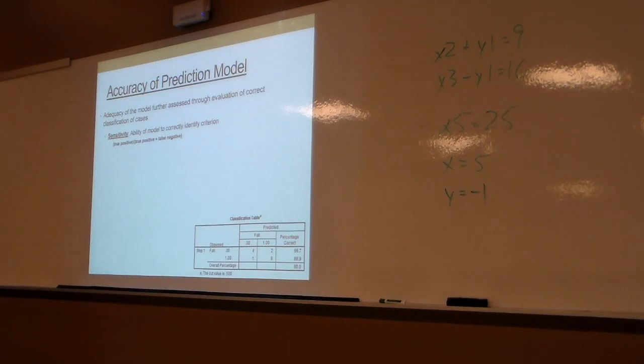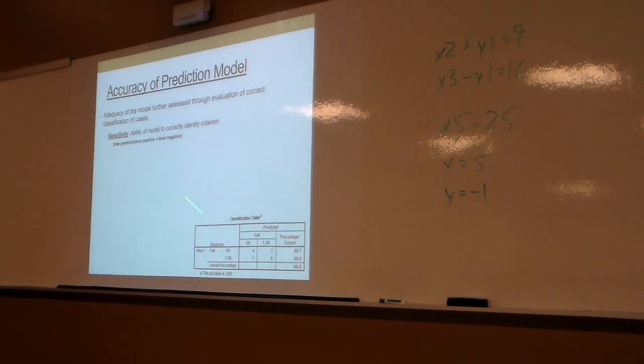sensitivity, okay? Sensitivity is defined as the ability of my model to correctly identify whatever my criterion was. I calculate my sensitivity with my true positive, which is in this cell. That person fell and I predicted they were going to fall. Falling is my criterion, not falling is my reference.